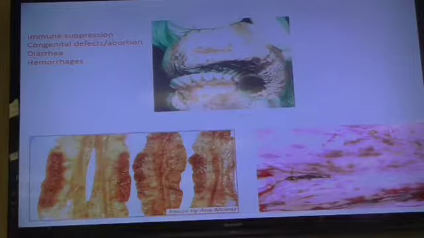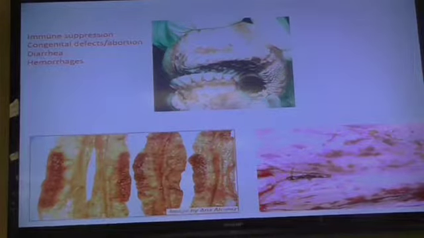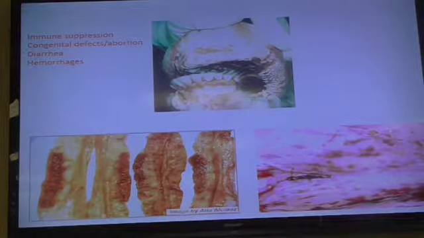This is a serious disease which is reportable. It causes immune suppression, congenital defects, abortion, diarrhea, and hemorrhages. This is a very serious disease. It's present in the US, and as I said, is reportable, and so many questions inevitably come in relation to this disease.